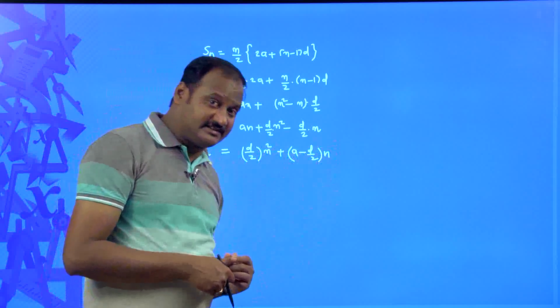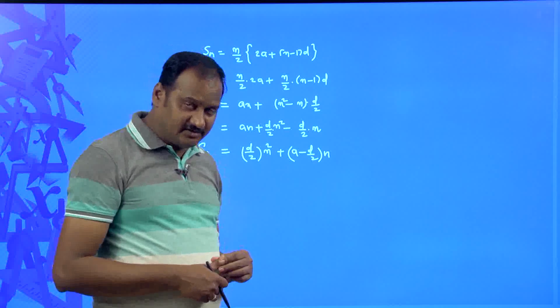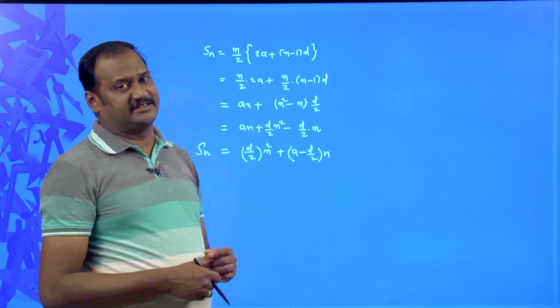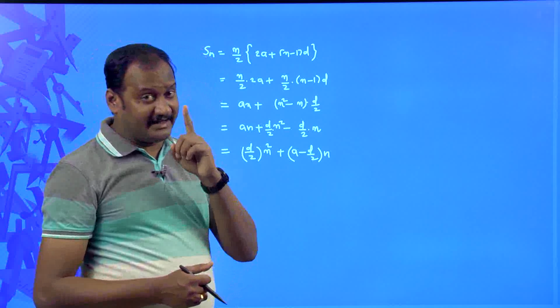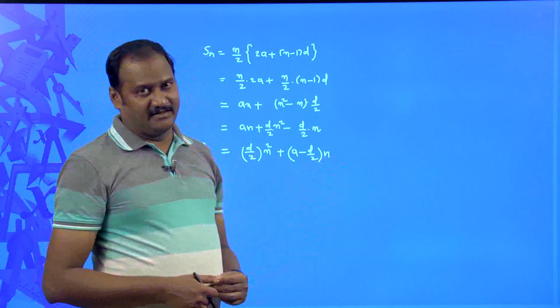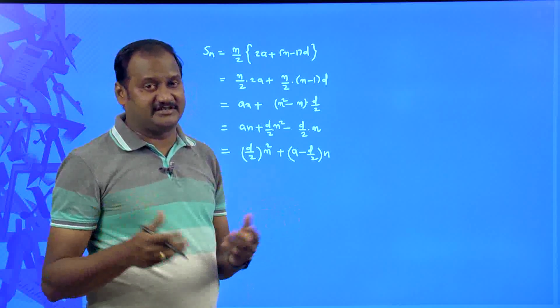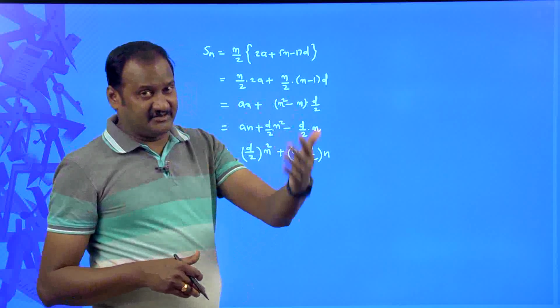Can we call it a quadratic expression, a second degree expression? Absolutely, you can call it a quadratic expression or second degree expression, but ensure that there is no constant. In second degree expressions or quadratic expressions, you will have a constant, in the form ax square plus bx plus c.